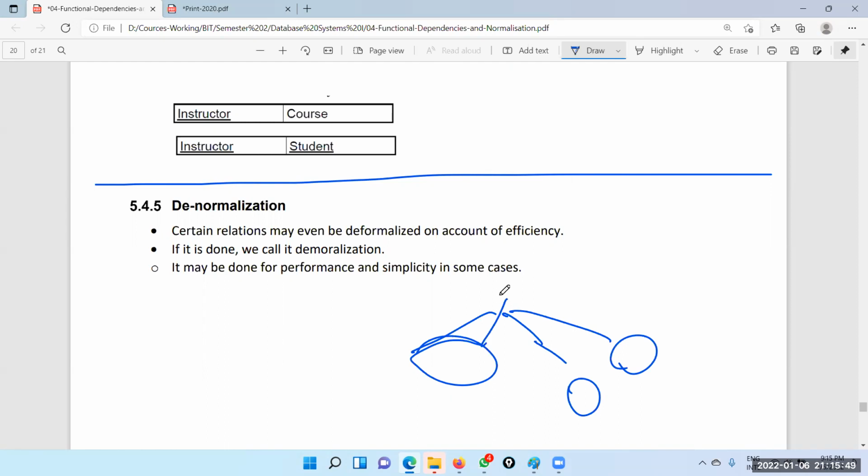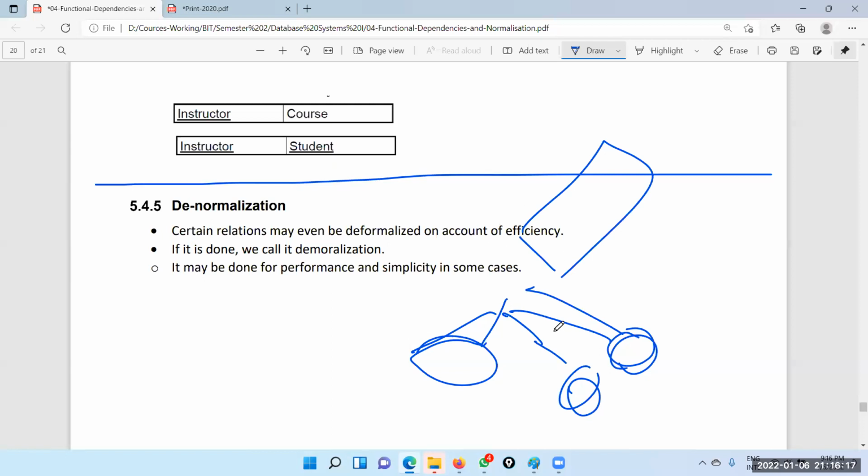So denormalization is not always done. If you do it without purpose, it's a bad thing as well, because normalization is the standard process. But sometimes, very rarely, it can be inefficient. In that case, we combine these into the original table again with some precautions. So that is called denormalization, the reverse process of normalization.